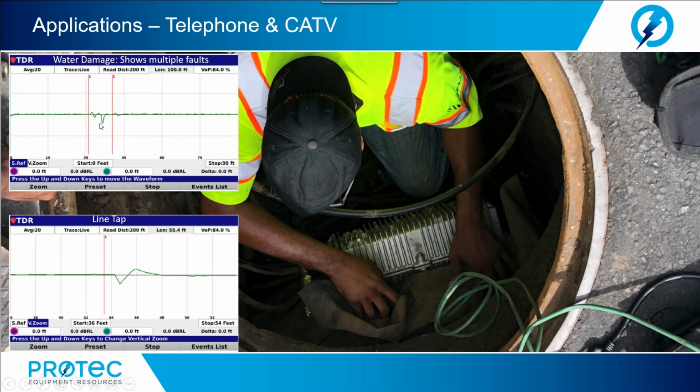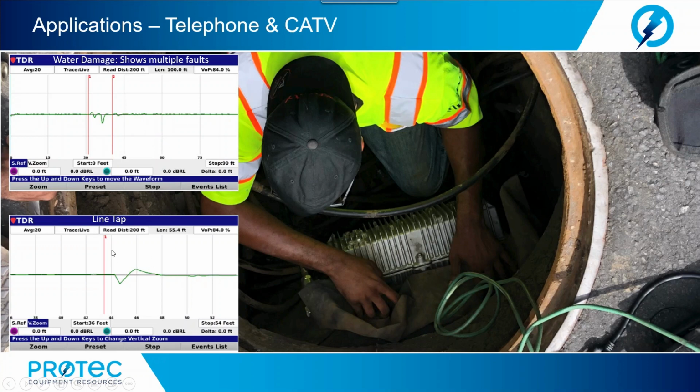Notice that predominantly these are negative reflections since water will alter or change the capacitive property of the cable. They are random in nature because water is not evenly distributed as it saturates into the insulation. But we can measure to this event and determine how much of the cable is affected by the water ingress.